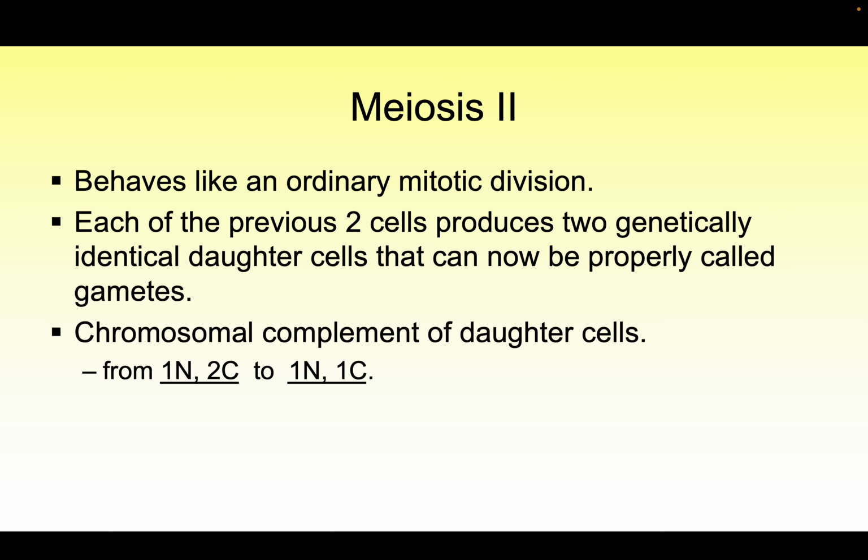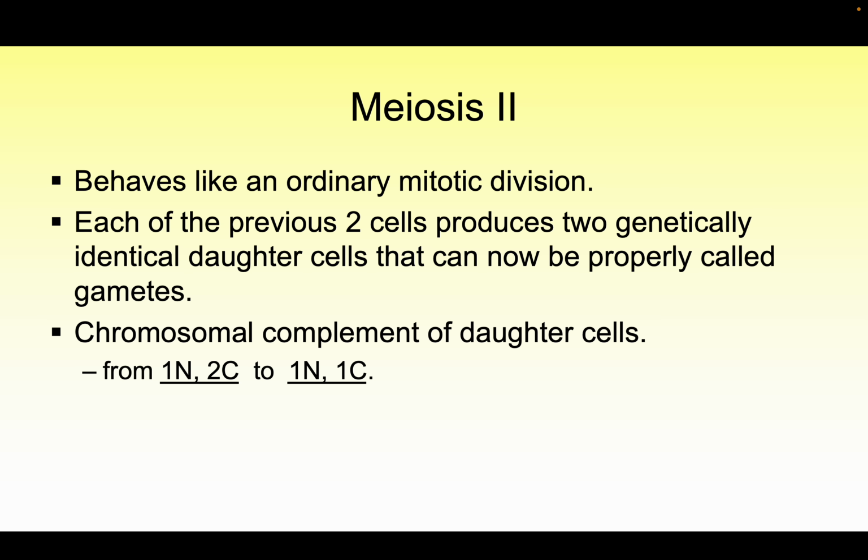During meiosis 2, the processes are similar to mitotic division. Each of the previous two cells will produce genetically identical daughter cells that can now be properly called gametes, the ova or the spermatozoa.